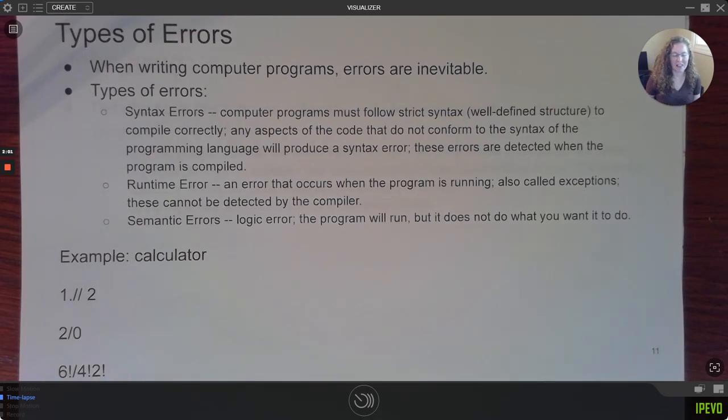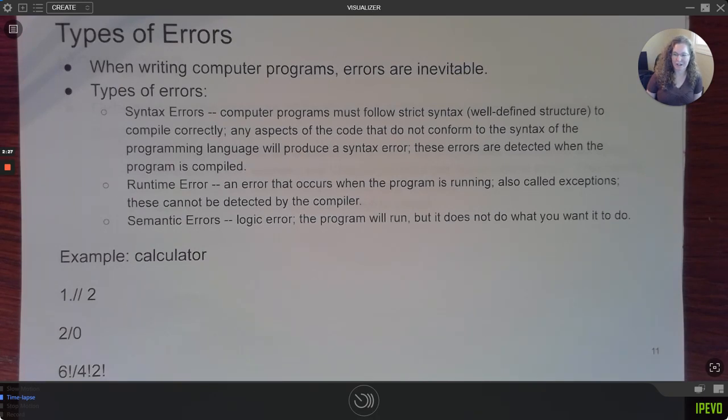So that's actually kind of nice that the compiler finds those kinds of errors for you, and so they're relatively easy to fix, because the compiler will tell you there's a syntax error on this line, and you can look at it and go, oh, I forgot. My classic is I always forget the colon. So you can look at that line and go, oh, I forgot a colon there. All right, so that is syntax errors.